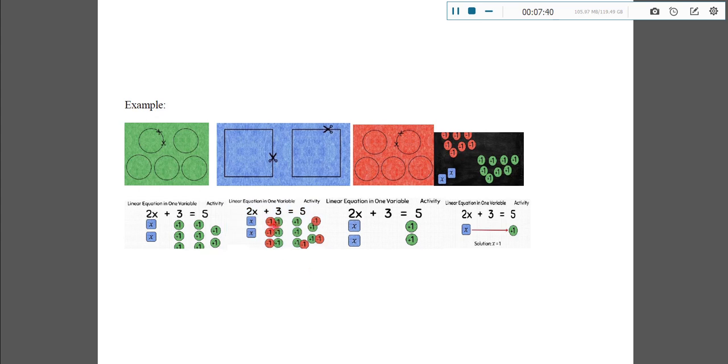As you all know, -1 gets cancelled out by +1. So in the next step, below 2x you still have two blue squares, but below 3 nothing is there, right? And below 5 only two green circles are left, right?